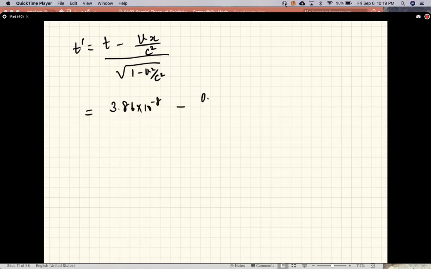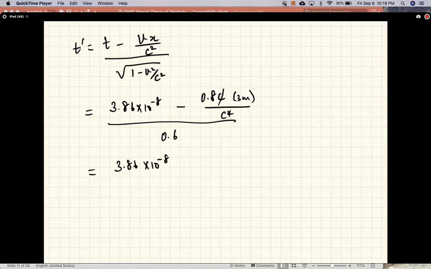Minus v, which is 0.8 c, times x, which is 3 meters, over c squared, divided by this factor, 0.6. One of the c's cancels, so we have 3.86 times 10 to the minus 8 minus 0.8 times 3 divided by 3 times 10 to the power 8 meters per second.